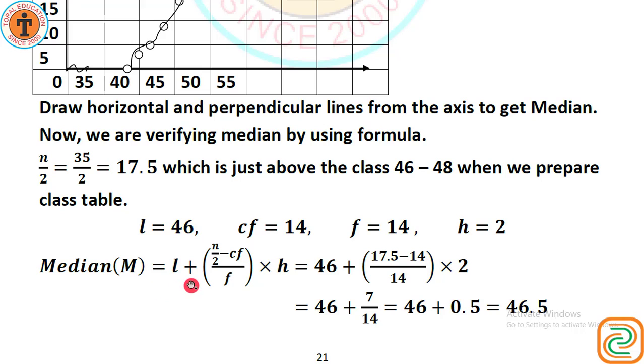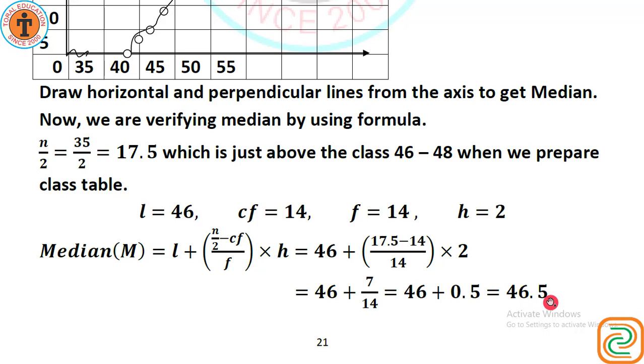Median M equals L plus N by 2 minus CF upon F into H. That is 46 plus 17.5 minus 14 upon 14 into 2. We cannot cut 14 because here is subtraction, but we will have to subtract both of them. Multiplying, we get 7 by 14, that is 1 upon 2, which is 0.5. So our median is 46.5.